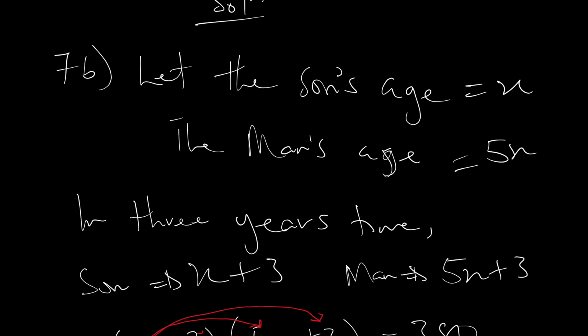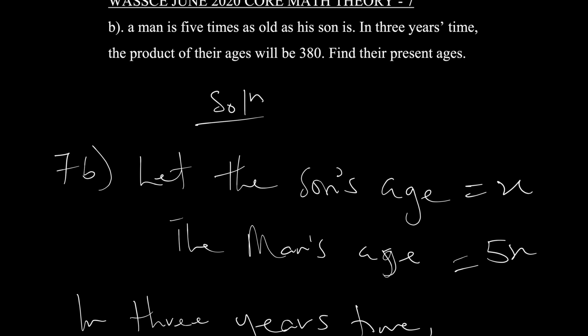So in 3 years, so we are being asked to find their present age. So their present ages will be x and 5x, not their ages in 3 years' time.